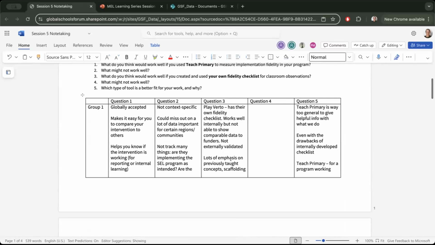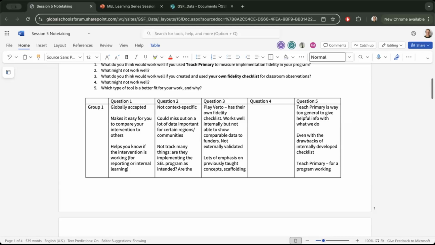But the things that we would lose are that it's not context specific and not that relevant to our program, perhaps. For us, we deliver social emotional learning programs. So what we want to check is, for example, our books or the list of activities that we tell them to do, are they doing them? Which is something like Teach we will not be able to track.